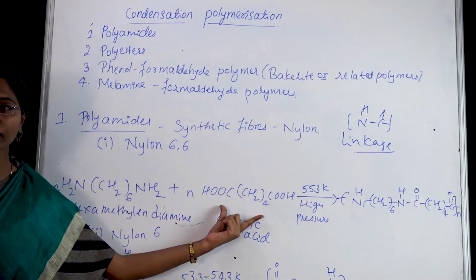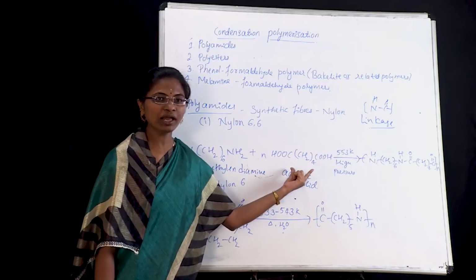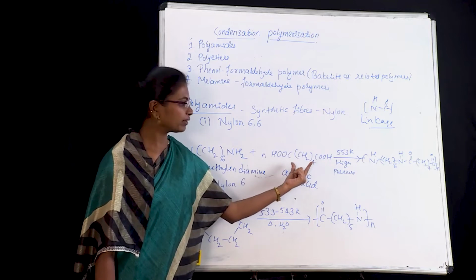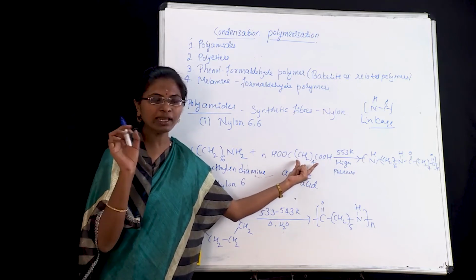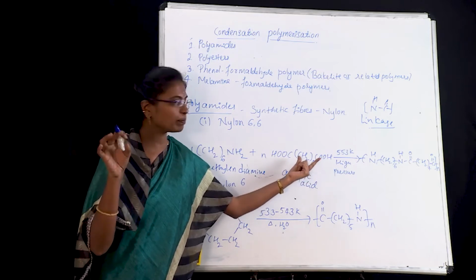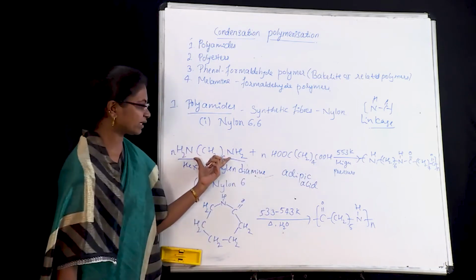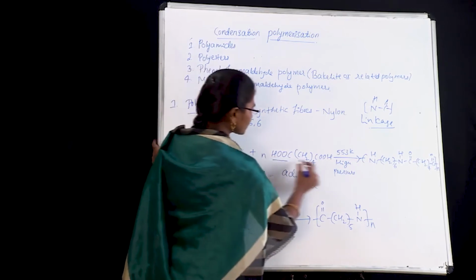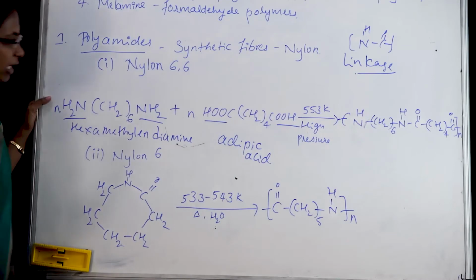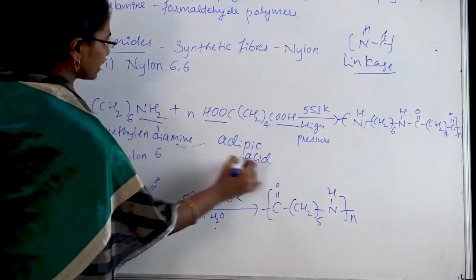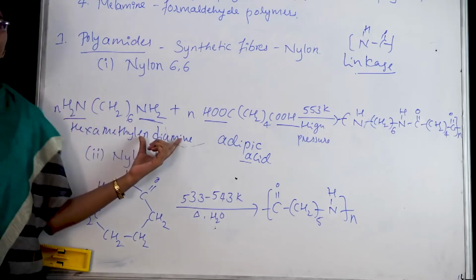In the previous classes I told you that in condensation polymerization, small molecules are eliminated as a byproduct. Here there are two functional groups in each: a carboxylic acid group is present in adipic acid, and an amine group is present in hexamethylene diamine.